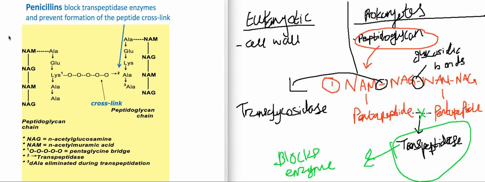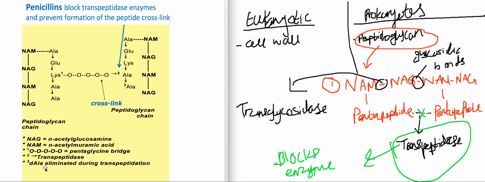Now, a better diagrammatic view of this would be: penicillins block the transpeptidase enzyme and prevent formation of peptide cross-links. So you can see the bond is formed between lysine and alanine here, right? N-acetylglucosamine, NAM, pentaglycine bridge. So this bond here, you can call it a peptide bond, or to be more specific, it's called a pentaglycine bridge, and it's catalyzed by a transpeptidase enzyme.